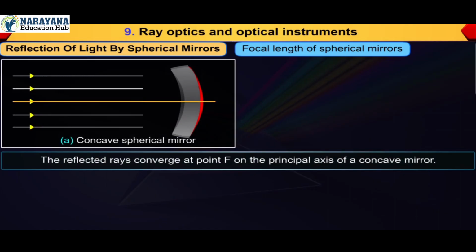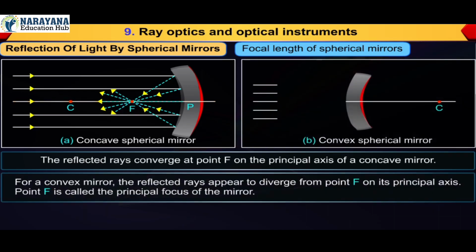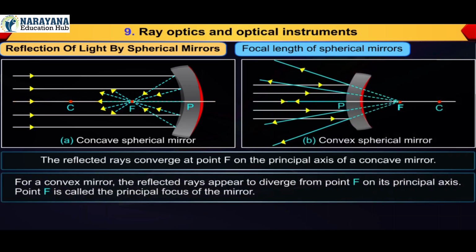The reflected rays converge at point F on the principal axis of a concave mirror. For a convex mirror, the reflected rays appear to diverge from point F on its principal axis. Point F is called the principal focus of the mirror.